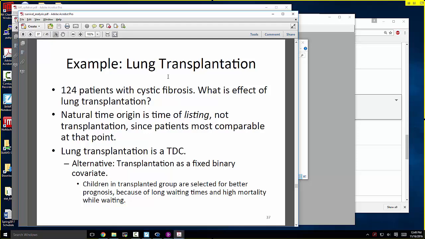So if we code people as 1 or 0 and forget about the time varying bit, then everybody who gets a 1 is potentially being systematically preferentially treated. They're going to have higher or better prognosis on average.